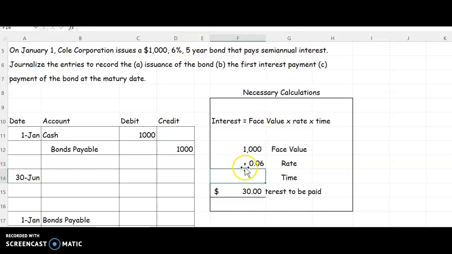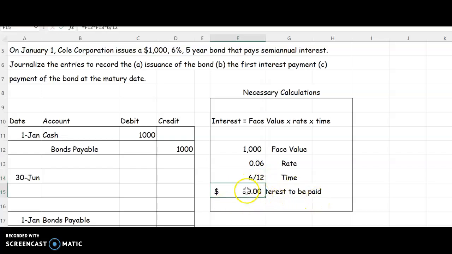And then the time, what you want to do here is, I always write it as a fraction. So you want to do every 6 months, they're going to get a payment out of 12. So if it was every 2 months, you would do 2 out divided by 12.